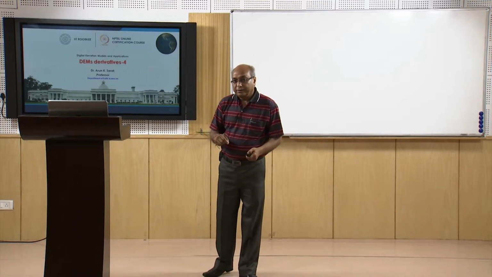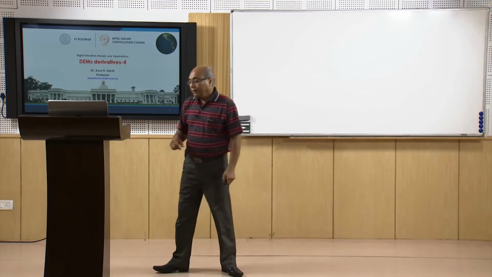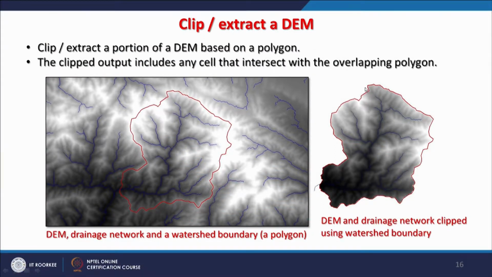Now I am going to repeat one more concept which we have already discussed, that is the no data, because by definition I have mentioned that the overall shape of a digital elevation model or a raster can be either rectangular or square. But here, the shape of the digital elevation model of a watershed is neither rectangular nor square, but only to our eyes.